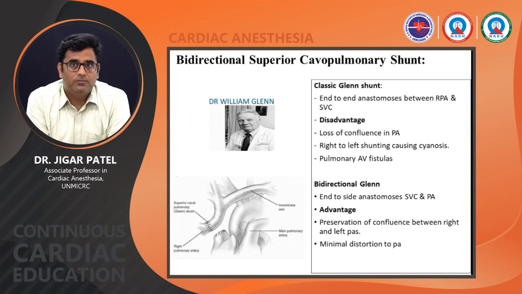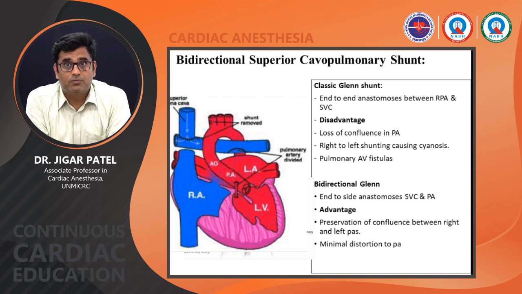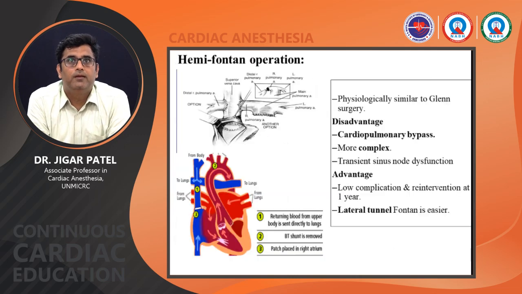So a modification of this occurred, known as the bidirectional Glenn. Here an end-to-side anastomosis between SVC and PA is done. The advantage of BDG over the classic Glenn is preservation of the confluence between the right and left pulmonary arteries with minimal distortion of the PA.